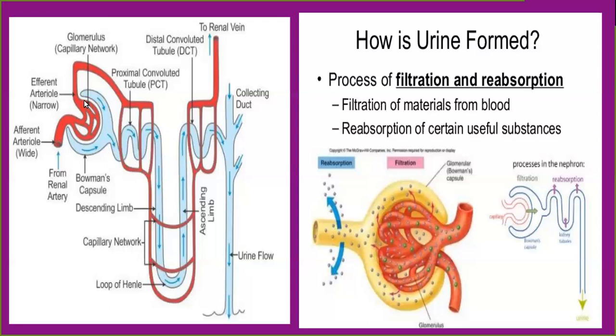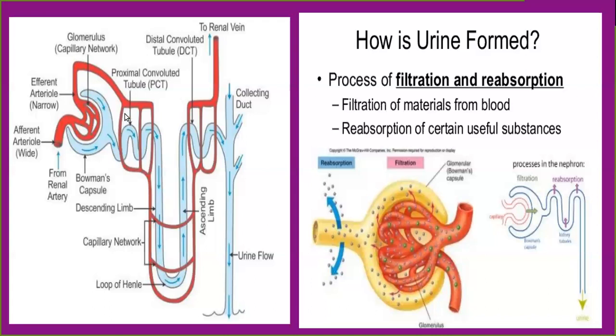The other end of the glomerulus comes out of the Bowman's capsule as a blood capillary. Now it is called the efferent arteriole, and that is converted into capillaries.